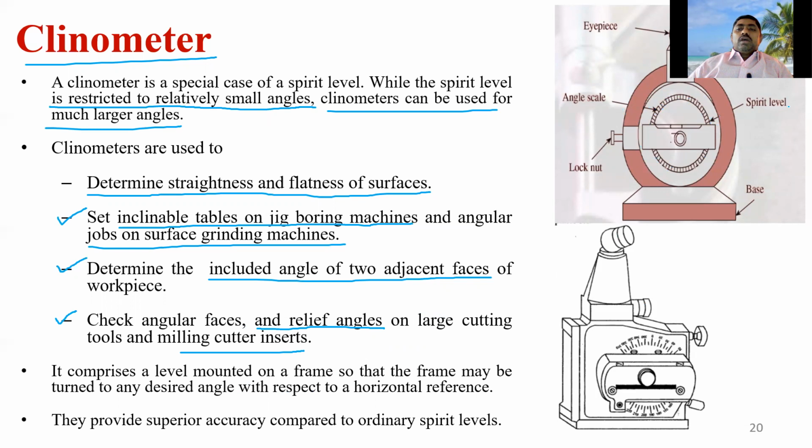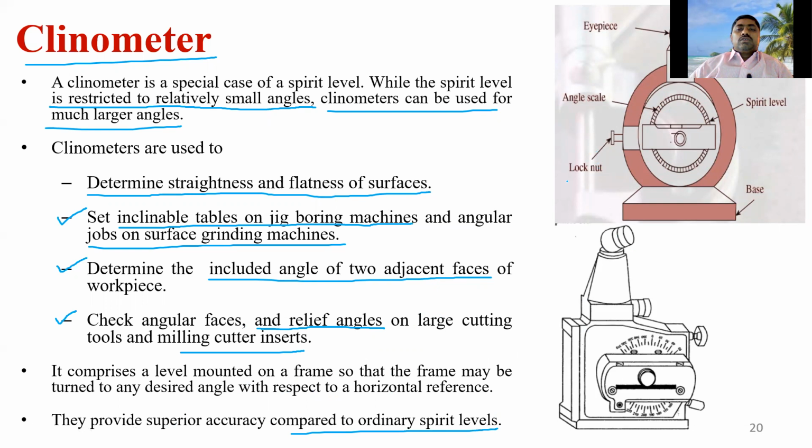This circular dial can be rotated to any desired angle with respect to the horizontal reference. So this measuring instrument can provide superior accuracy compared to ordinary spirit levels.